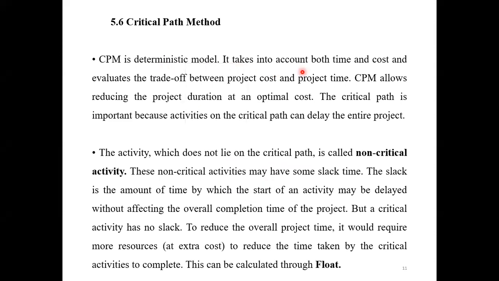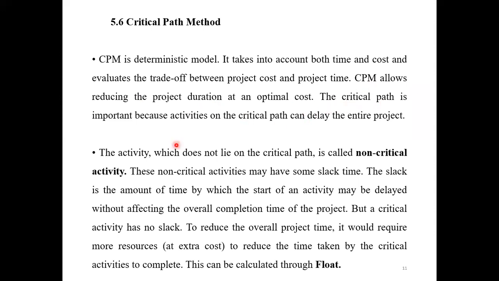It takes into account both time and cost of the project. That means it evaluates the trade-off between the project cost and the project time. CPM allows reducing the project duration at an optimal cost, so we can find the shortest duration for the overall completion of the project.